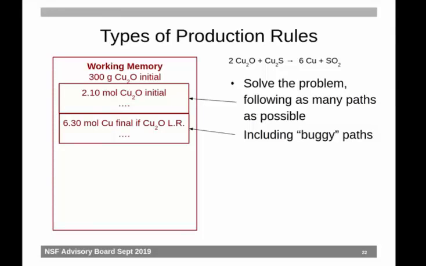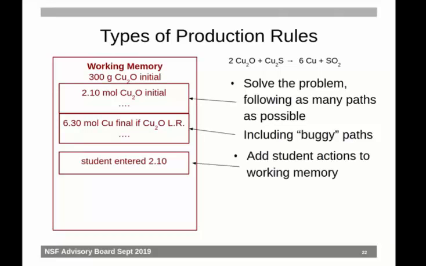We also have buggy paths for common mistakes or misconceptions of students, in this case misidentifying the limiting reagent. If a student puts in a number like 2.1, that matches this fact in working memory, and so we now know this.